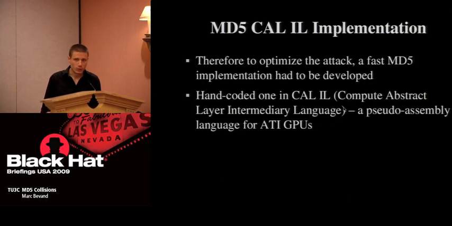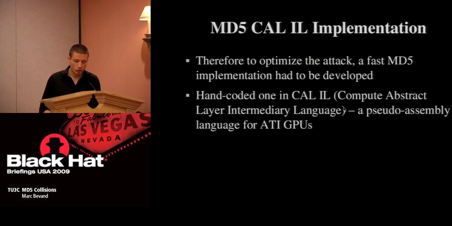So I wrote an MD5 implementation in something called CAL-IL. It stands for Compute Abstract Layer Intermediate Language. It's a sort of pseudo-assembly language that can be used to program ATI cards. It doesn't reflect the actual hardware instructions executed by ATI GPUs, but it's pretty close.